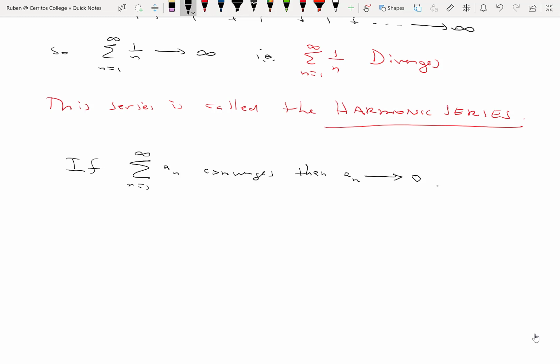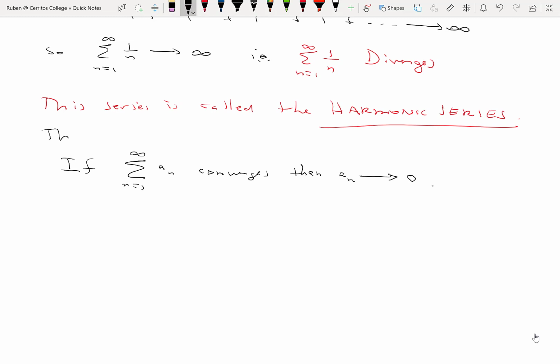But this is not a test for convergence. It tells us what happens if we know a series converges. If a series converges, then the general term must go to 0. It doesn't say the reverse. This is an important theorem, and it cannot be read in reverse. Don't read this backwards.